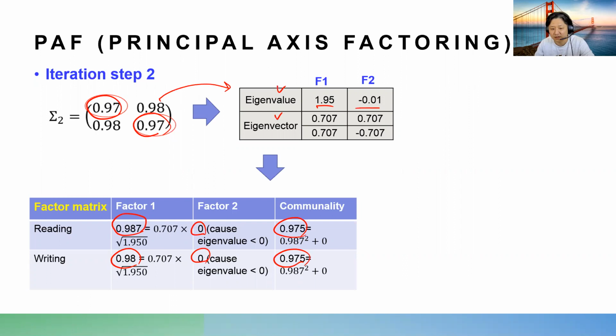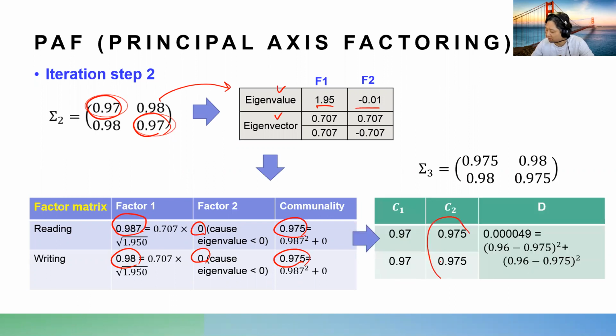Then update our communality again, compute the difference, and square it. That is 0.00049. This is still greater than our criterion, so we repeat this process again.